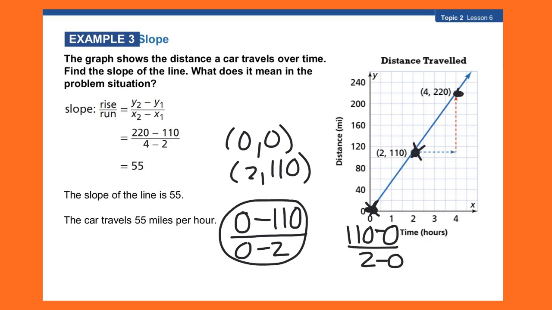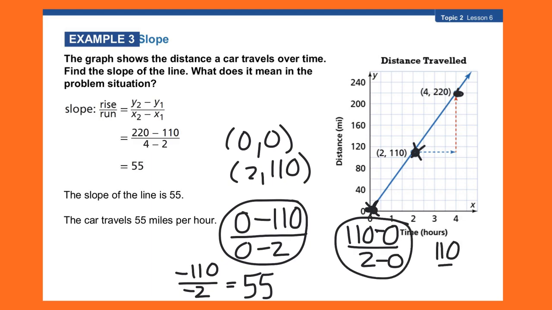This one is going to be negative 110 over negative 2, which is 55. And this one will be 110 over 2, which is also 55. So it doesn't matter if you go this way to subtract or you go that way to subtract. There's a lot of things that don't matter, particularly in slope.